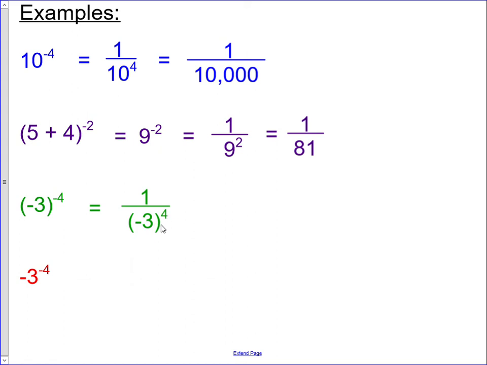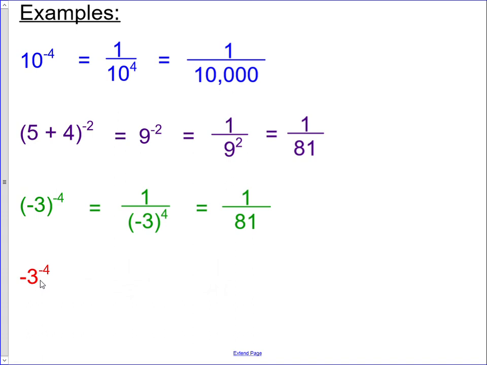We know that when it's in parentheses, we follow our integer rules. And with an exponent, if the exponent is even, we'll have a positive product. If the exponent is odd, we'll have a negative. So this one would be 1 over 81.